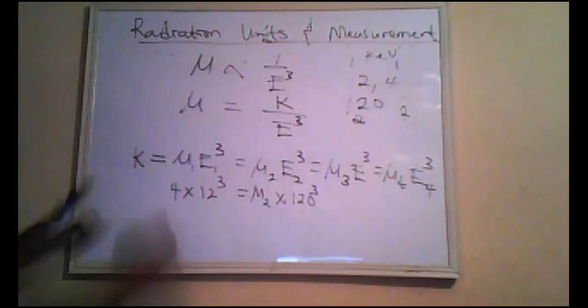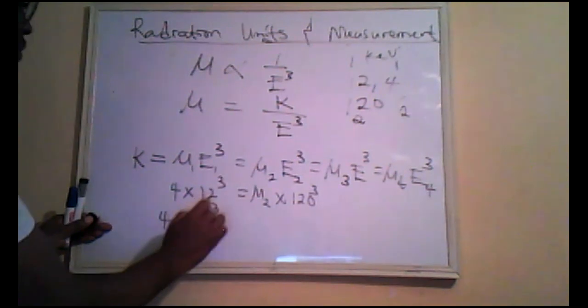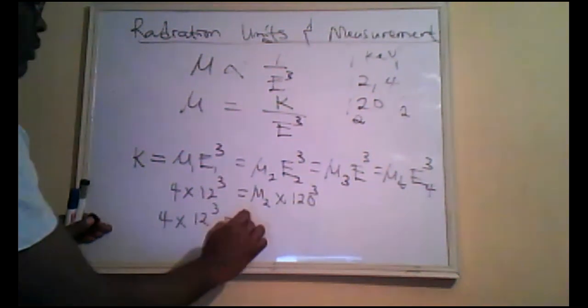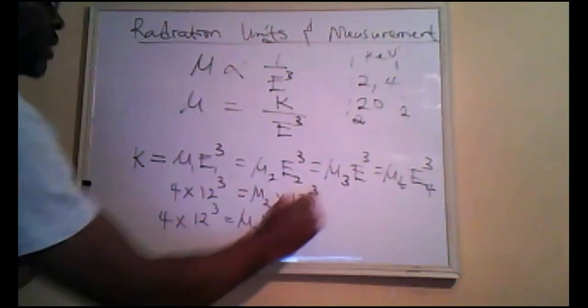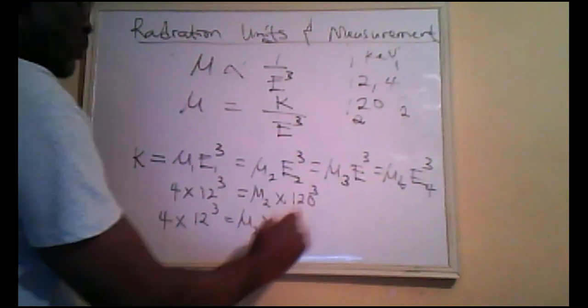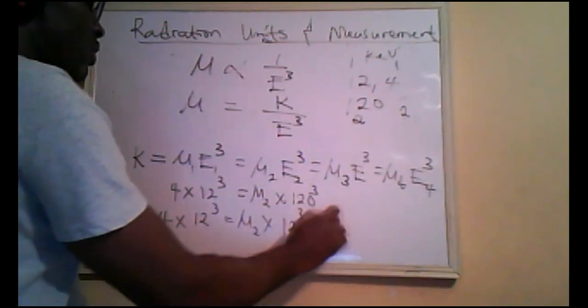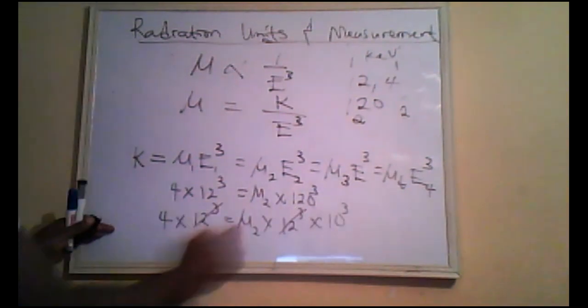You can simply have 4 times 12, and 120 is 10 times 12. So we have 12 raised to the power 3 times 10 raised to the power 3, and the 12 cancels out.